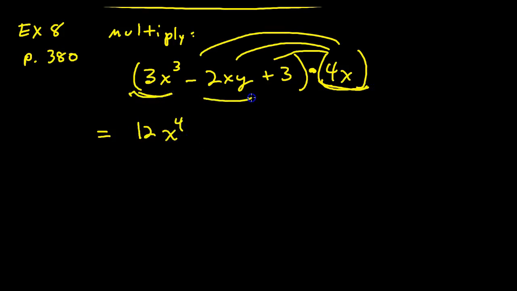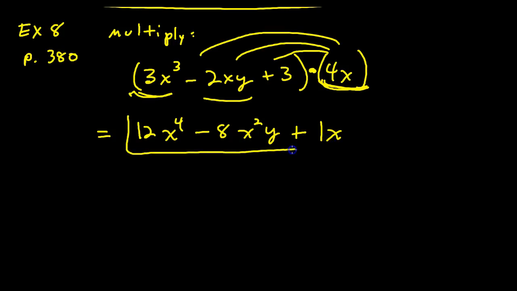Next slot, minus 2xy times 4x, that'll be a negative 8x squared y, plus 4x times 3 is, of course, 12x. Final answer, 12x to the fourth power minus 8x squared y plus 12x.